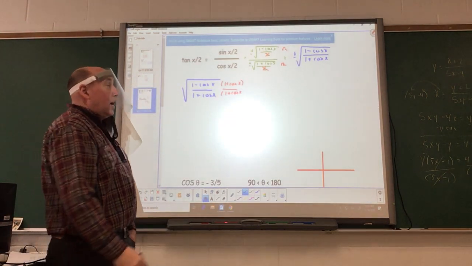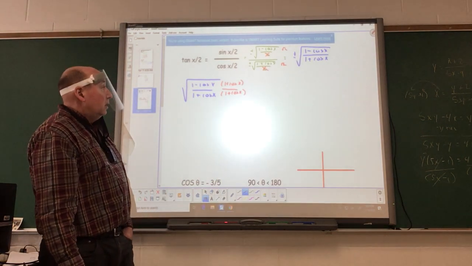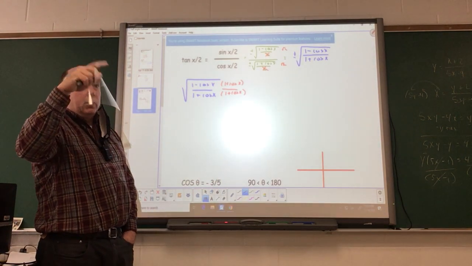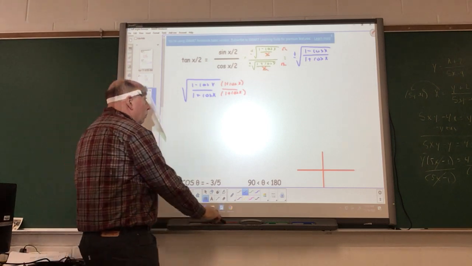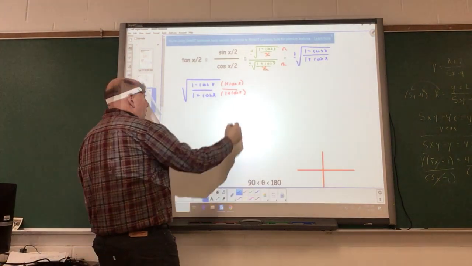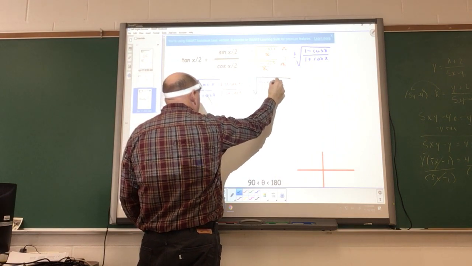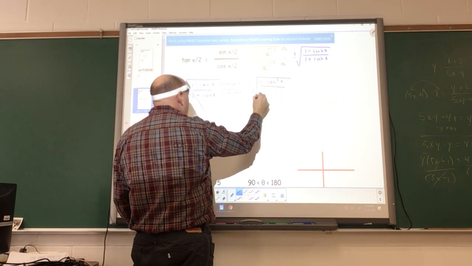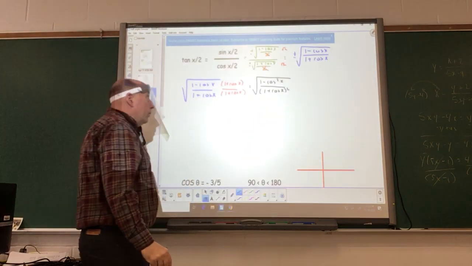If we multiply top and bottom by 1 plus cosine of x. Okay, we're multiplying by a value 1 because we're multiplying top and bottom by the exact same thing. What we are left with on top is the square root of 1 minus cosine squared of x over 1 plus cosine of x squared.